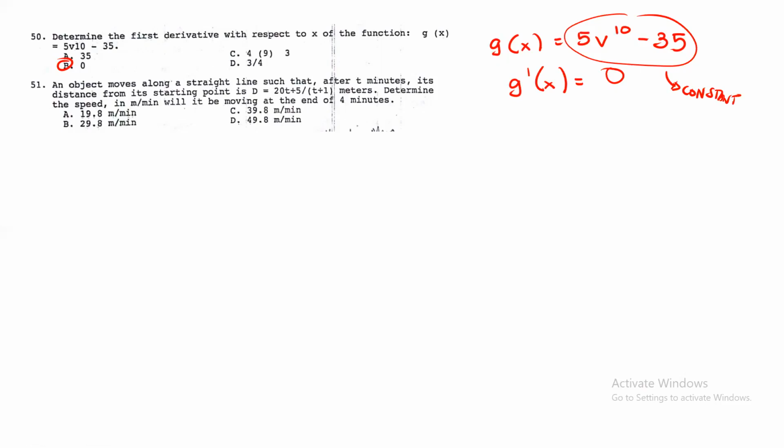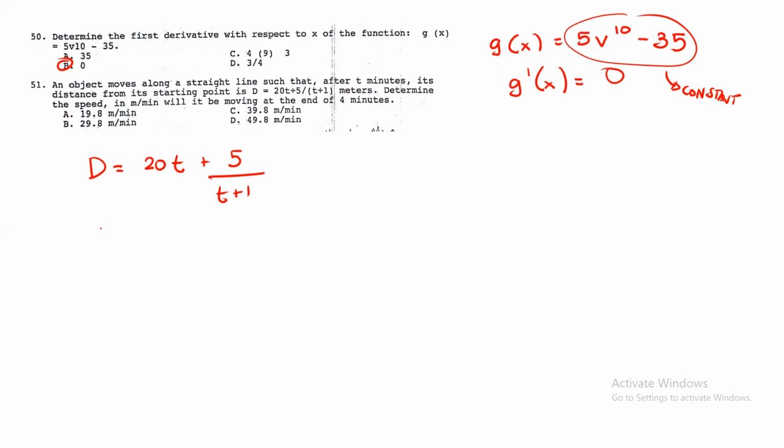So how do we solve 51? We are looking for the speed in meters per minute. We are given the formula for d, 20t plus 5 over t plus 1.